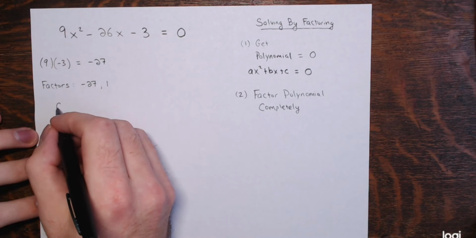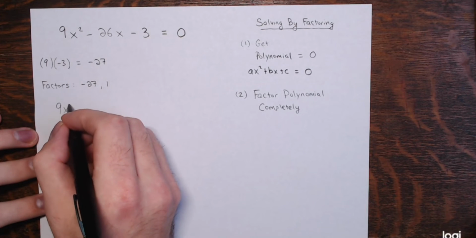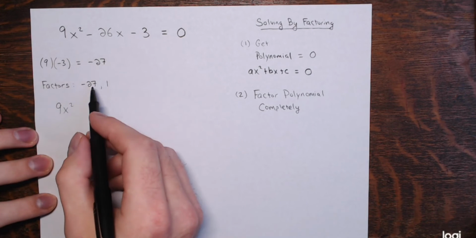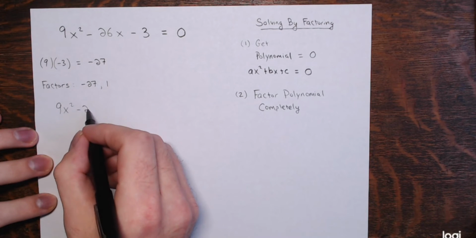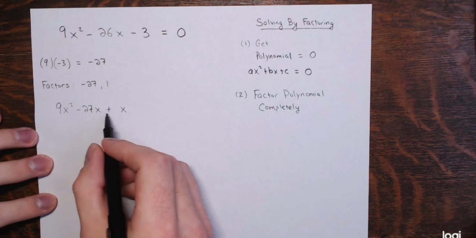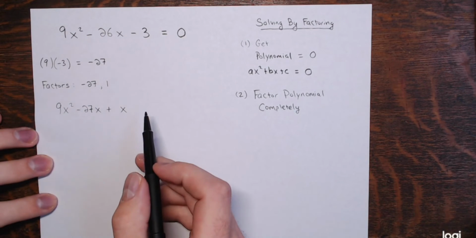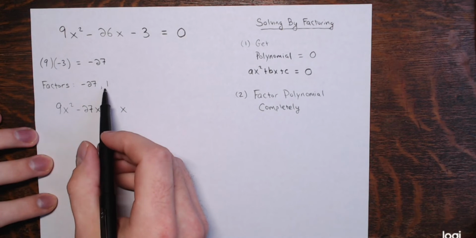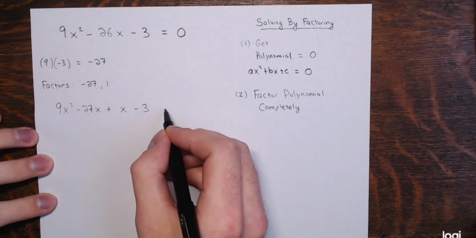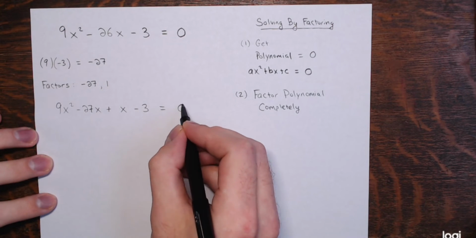And then you rewrite the middle term. So you have 9x squared, and then this middle term is rewritten as negative 27x plus 1x. That's the same thing as negative 26x, but using the numbers negative 27 and 1. And then you have the constant term minus 3. You still have the equal 0 over here.